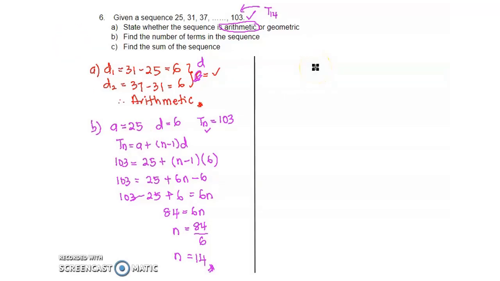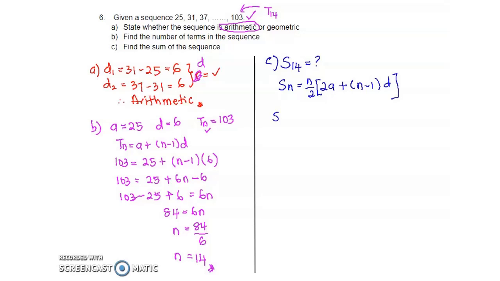Part C, find the sum of the sequence. The sum of the sequence means S14, because in question B we know that the total number of terms in the sequence is 14. So for question C, we want to find S14. The formula for an arithmetic sequence is Sn equals n over 2 times 2a plus n minus 1 times d.